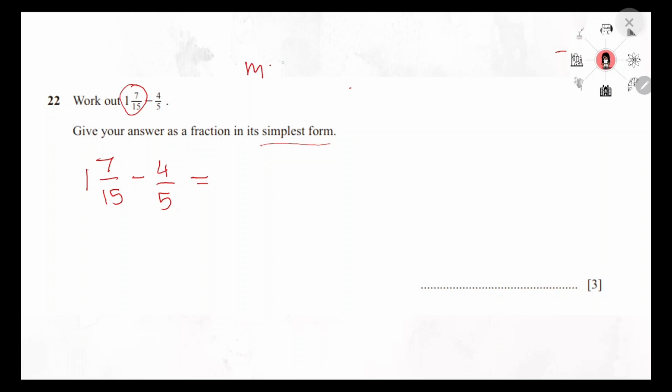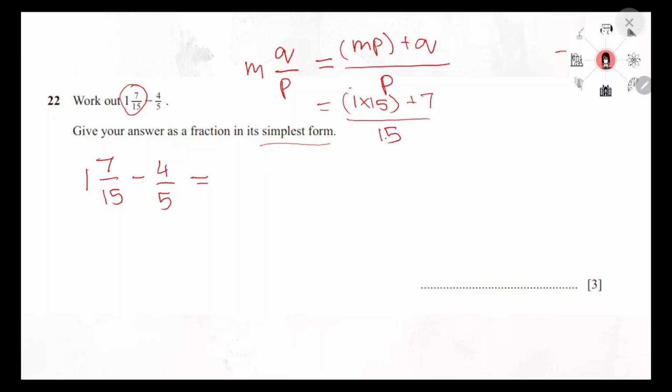To convert a mixed fraction like this to an improper fraction, the method is to multiply the whole number by the denominator and add the numerator to get the new numerator for the improper fraction, and the denominator will still be the same. So to convert 1 and 7 by 15, we'll multiply 1 into 15 and add 7 to it, and it would still be over 15.